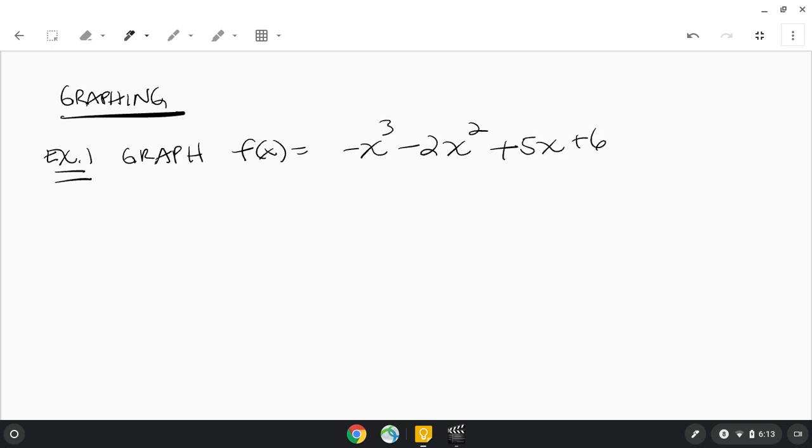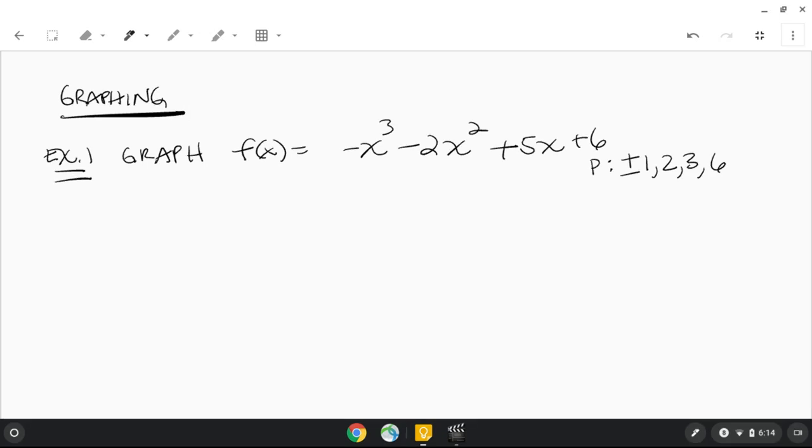Okay, so it's all in order. No terms are missing. So my possible p-values here are going to be plus or minus 1, 2, 3, and 6. Okay, all the factors of 6.